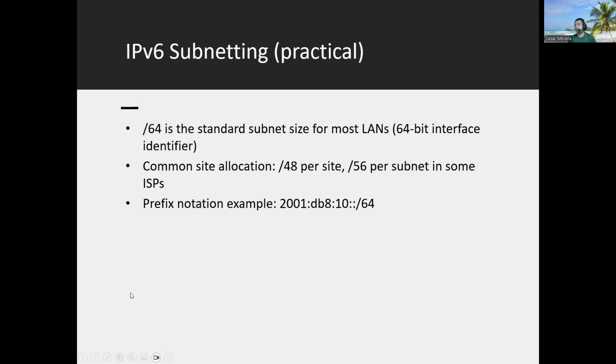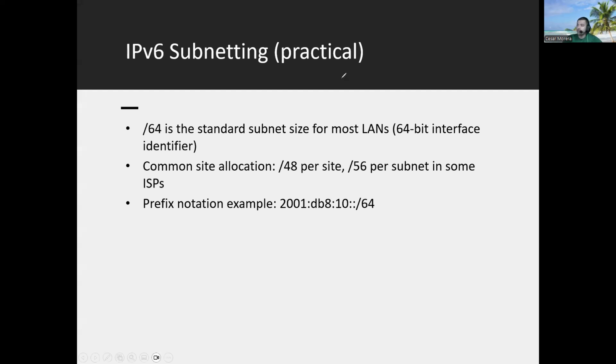IPv6 subnetting practical. /64 is the standard subnet size for most LANs, with a 64-bit interface identifier. The common site allocation is /48 per site, /56 per subnet in some ISPs, Internet Service Providers.